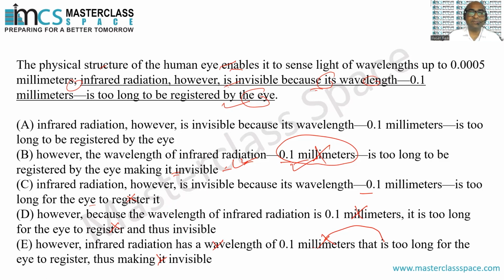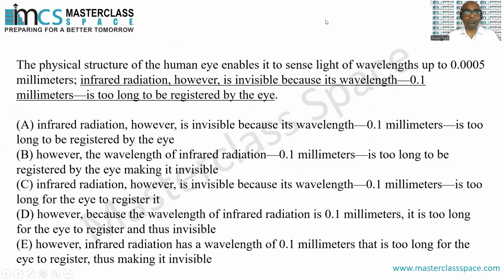So these are some strategies that you can follow. However, what should be the shortcut for such questions if it is very difficult and you are unable to get the meaning? So the shortcut is, first, check general error. It says radiation is invisible because radiation's wavelength is 0.1 millimeters and this wavelength is too long to be registered by the eye. This is the meaning. What does option B say?